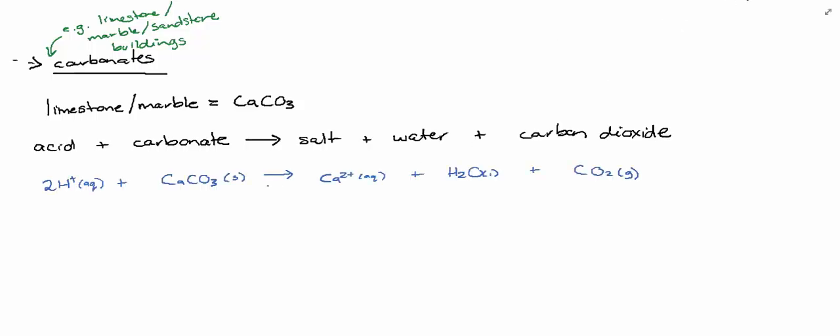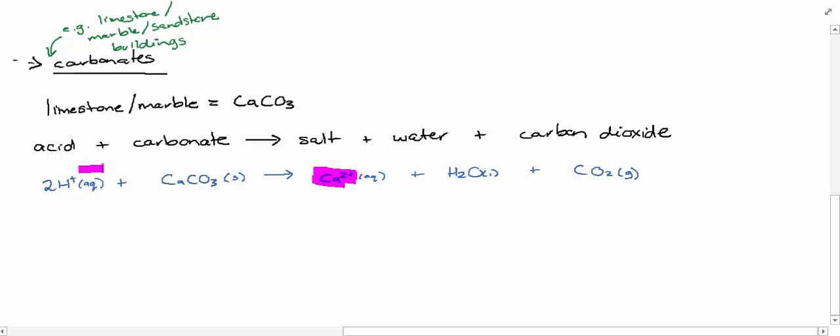What you'll note here is this is an example of an ionic equation. So I've just included the cations from the acid and not the anion. So the salt in this case would form from the calcium cation and the anion component of whichever acid we have present.